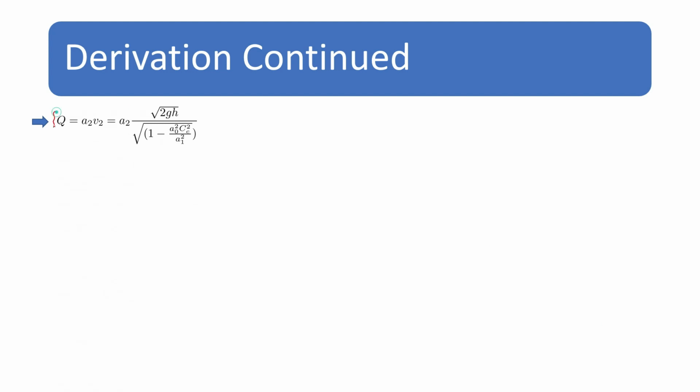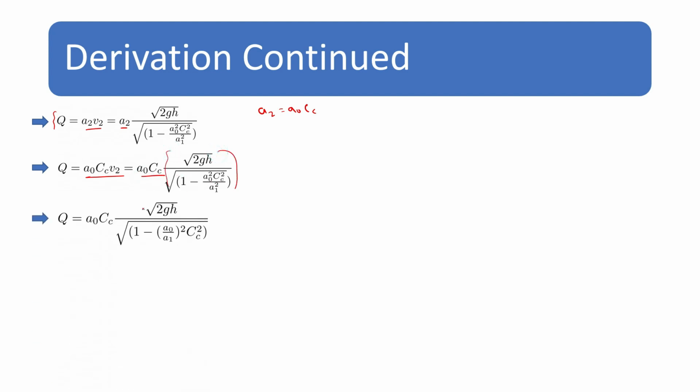The discharge Q is equal to A2 V2, which is A2 into root of 2gH by root of 1 minus A0 square Cc square by A1 square. And if you substitute for A2, we have seen that A2 is equal to A0 into Cc. So this is equal to A0 into Cc into root of 2gH by root of 1 minus A0 by A1 square into Cc square.